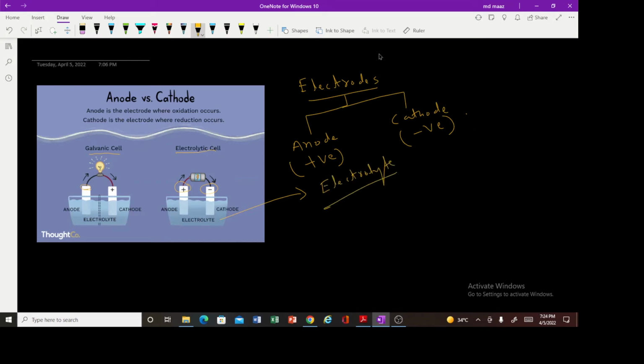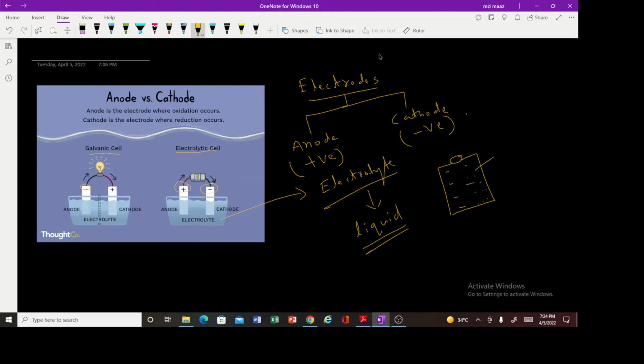Basically, the electrolyte is in the form of liquid. Most of the time it is liquid only, but in a dry cell, like our Eveready or Nippo cell, we have the chemical inside.